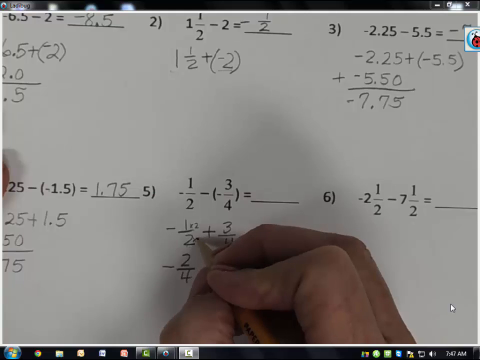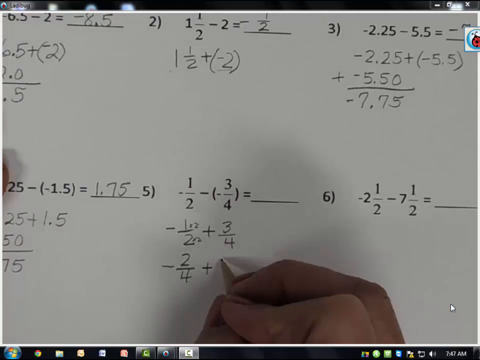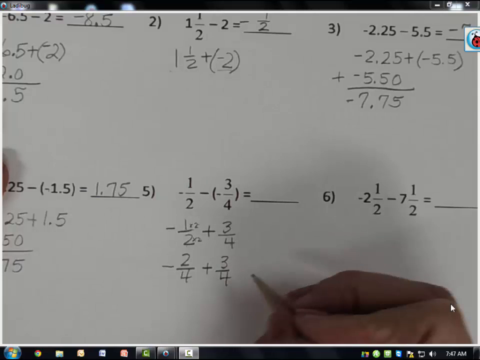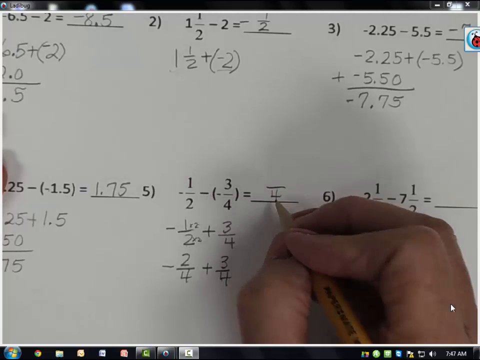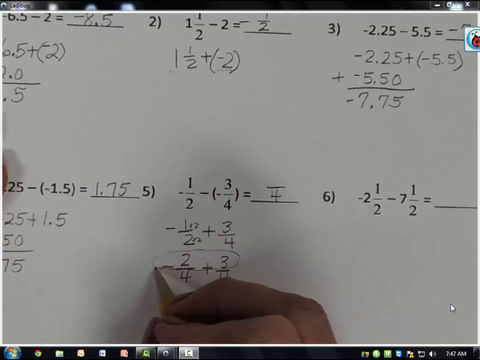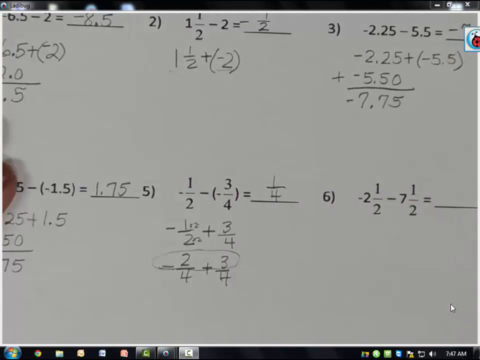So negative 2/4 plus 3/4. The denominator stays the same, so we add the negative 2 plus 3. Since we're adding different signs, we find the difference. 3 minus 2 is 1. And the bigger one is positive, so our answer is positive.